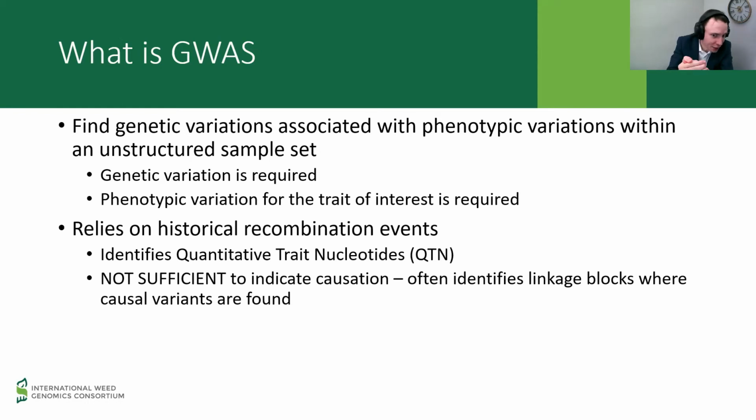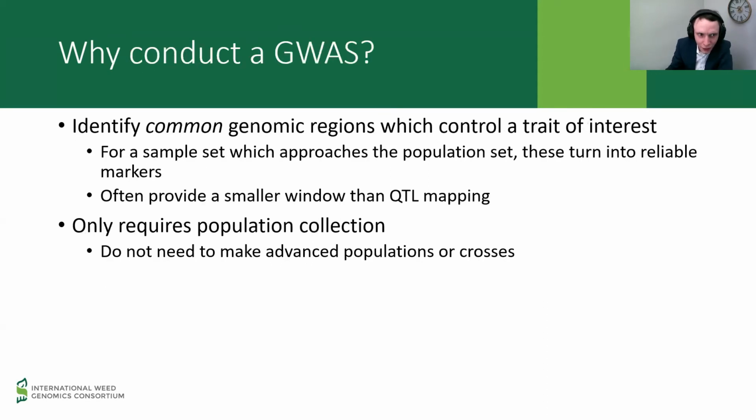This is not sufficient to indicate causation. Often you're going to identify linkage blocks, or a set of nucleotides that have not been broken historically, or at least within your data set, and your causal variant is probably somewhere in there, or you, of course, found a false positive.